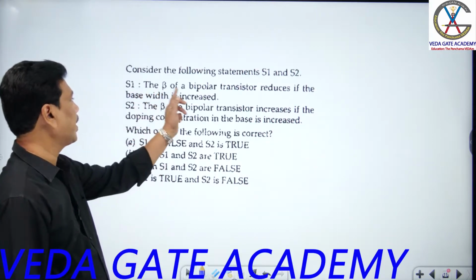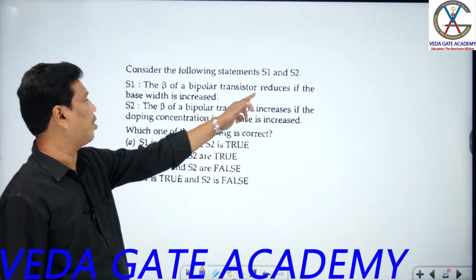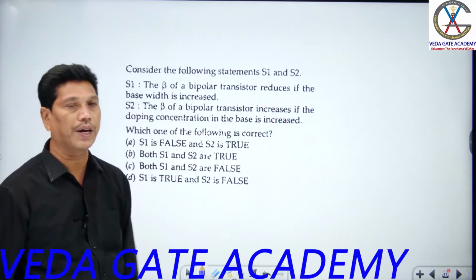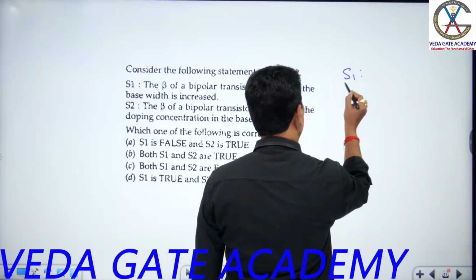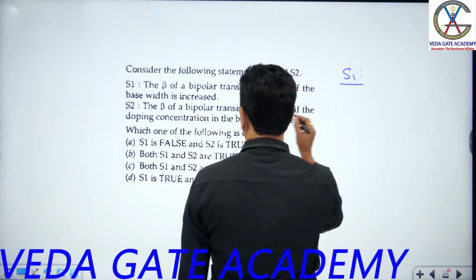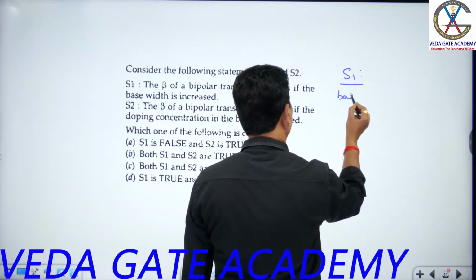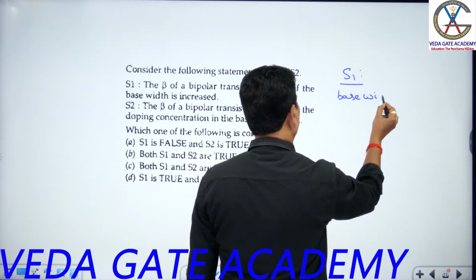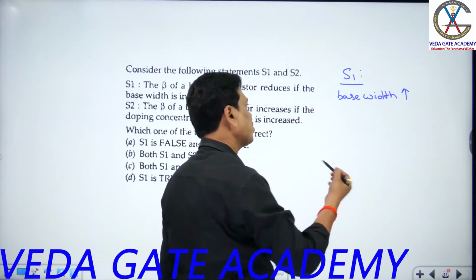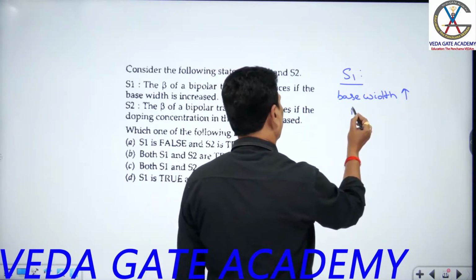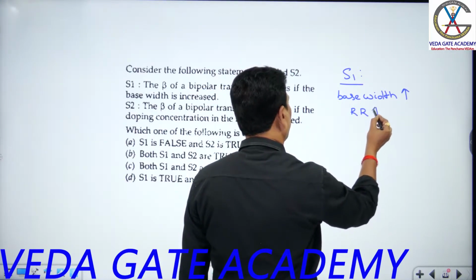First, S1: the beta of a transistor reduces if the base width increases. See this one now, students. If the base width increases, the recombination rate increases.